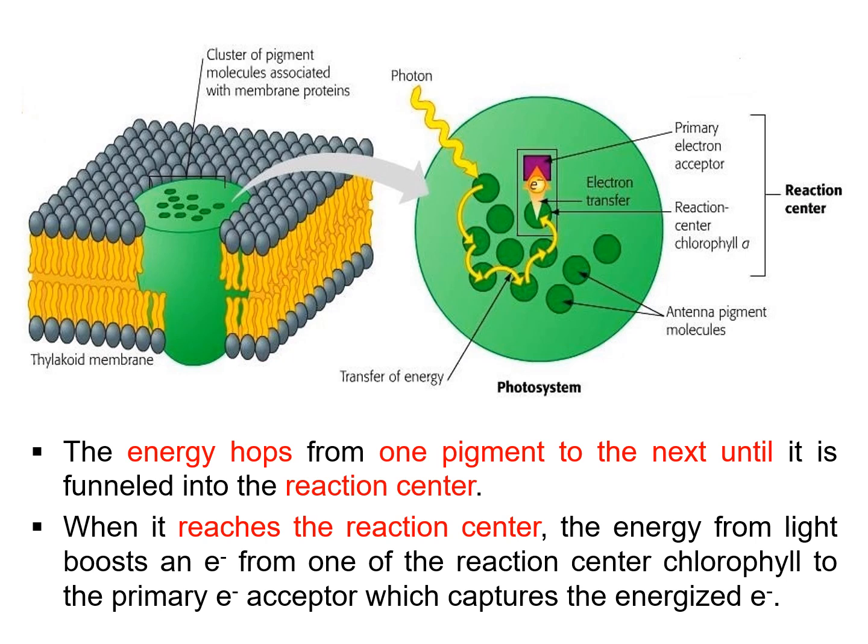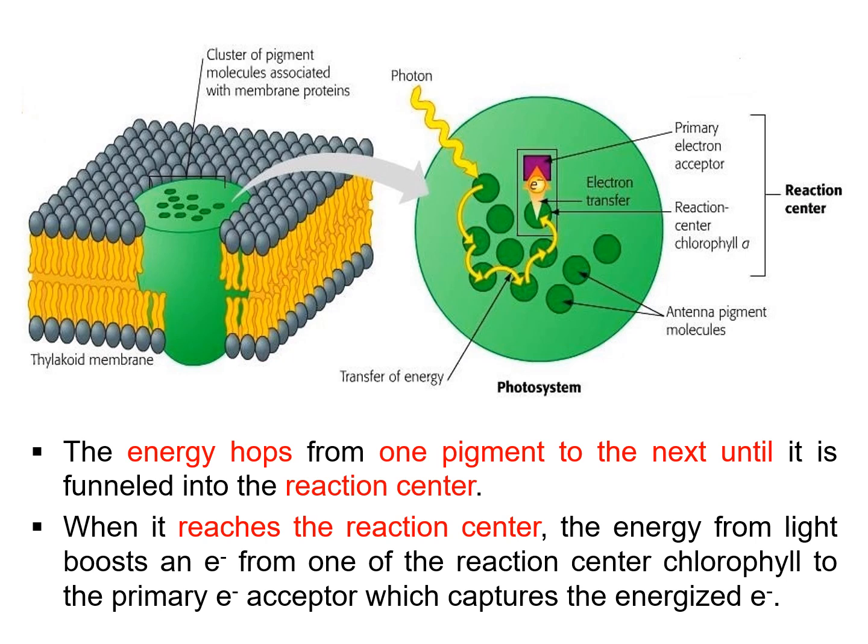And this electron ejected from photosystem 2 will hop from one pigment to another pigment until it has been funneled or channeled into the reaction center.